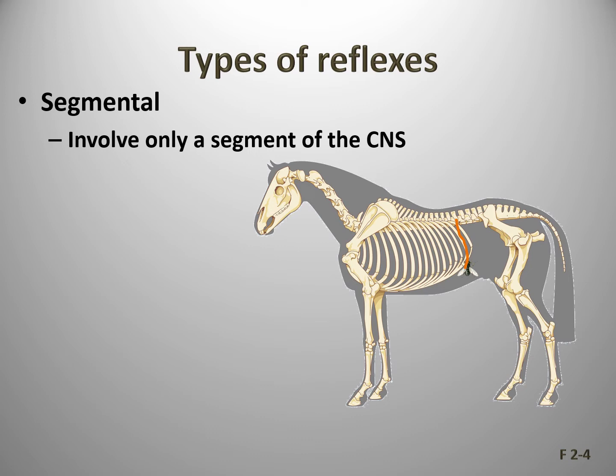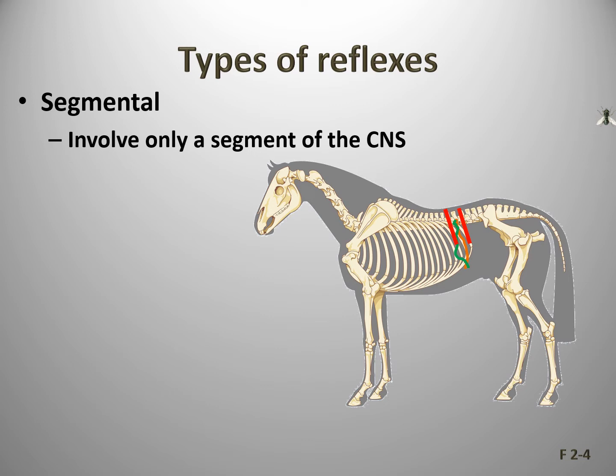The afferent sensory neuron synapses in the spinal cord with an efferent motor neuron carrying the information back to the skin. In the skin, the response is to shake the muscles in order to dislodge the fly. The connection in the spinal cord was very localized.